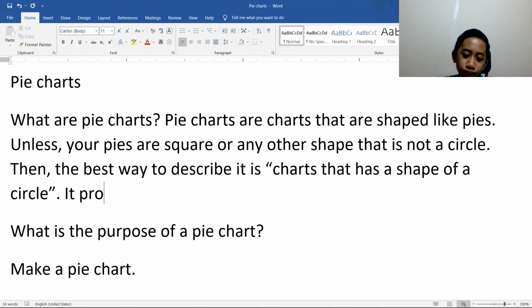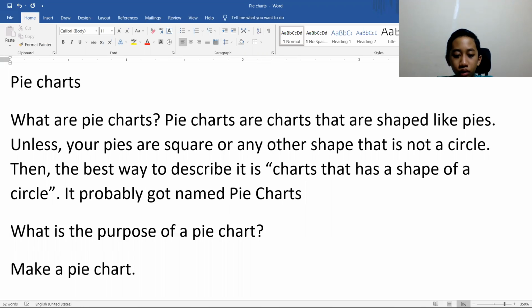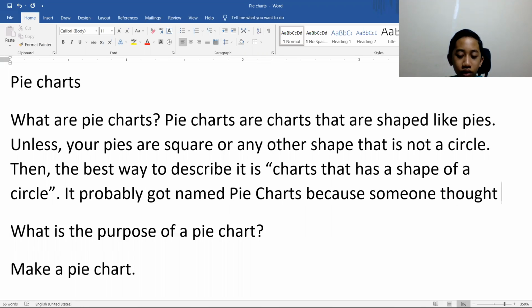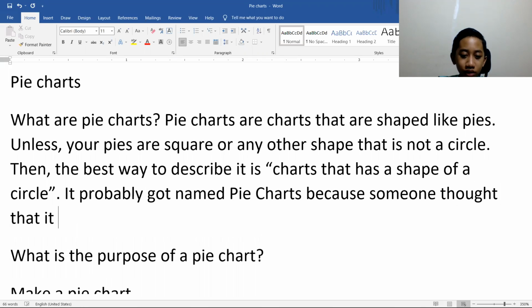It probably got named pie charts because someone thought, yeah, that it looks like a pie.